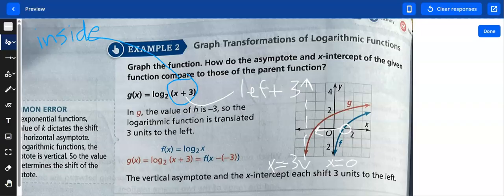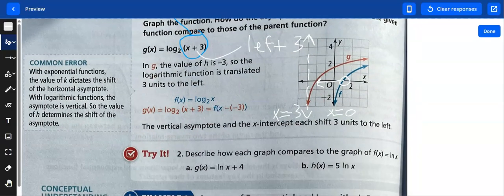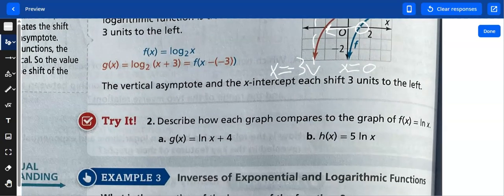Yes, we can get very specific and we can plot all kinds of points. But typically, I'm just going to ask you for a sketch. Now, are these things any different? ln x?